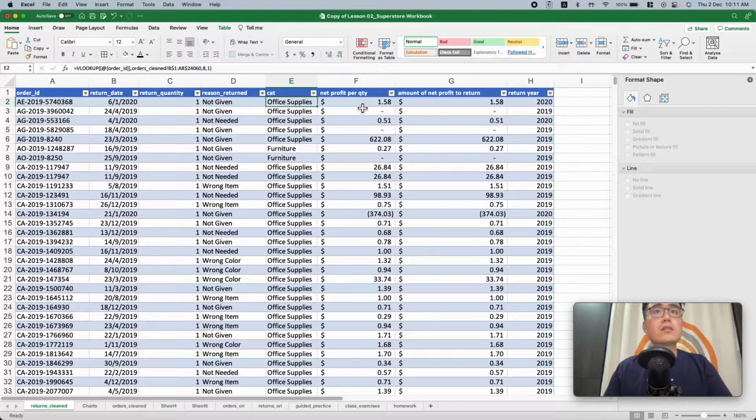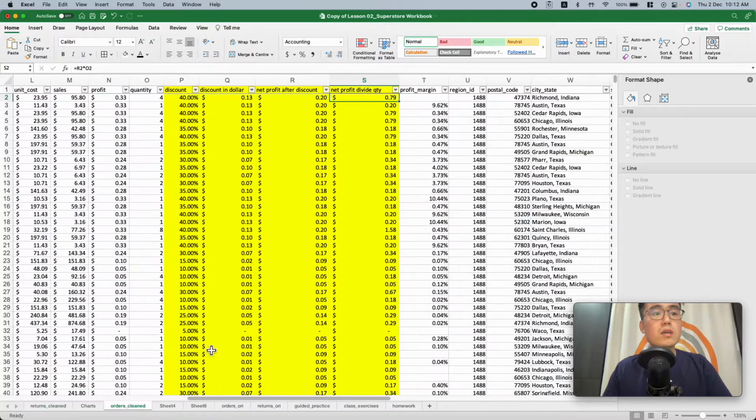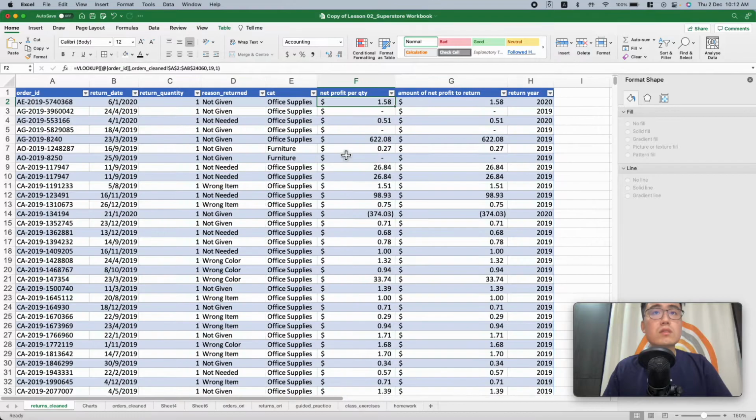And then I do a VLOOKUP. Something that I've missed out is I have to lock them. Yep, locking them is much better. Okay, so I get the net profit, which is matching the order ID. Did a VLOOKUP into this table here, so that's quite straightforward.